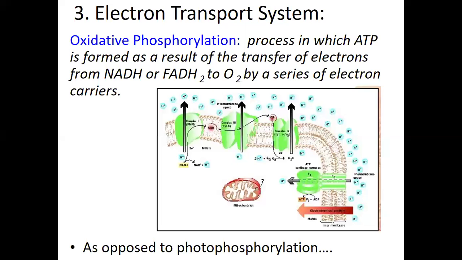The electron transport chain involves the movement of electrons from one electron carrier to the other, while oxidative phosphorylation is the process where ATP is formed as a result of the transfer of electrons from NADH to FADH to oxygen by a series of electron carriers. The process in which ATP is formed at the end is referred to as oxidative phosphorylation.